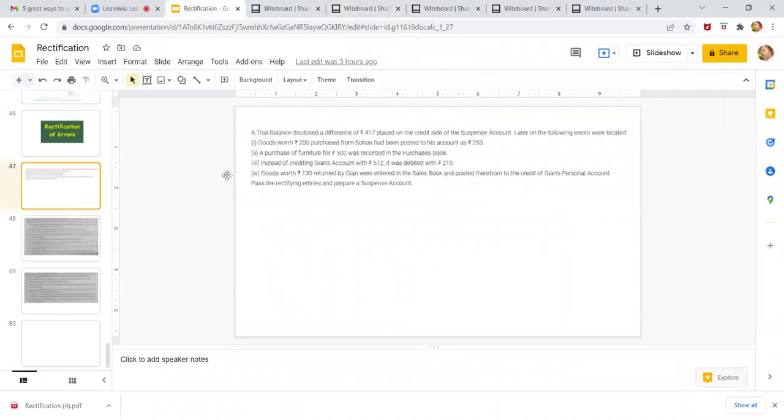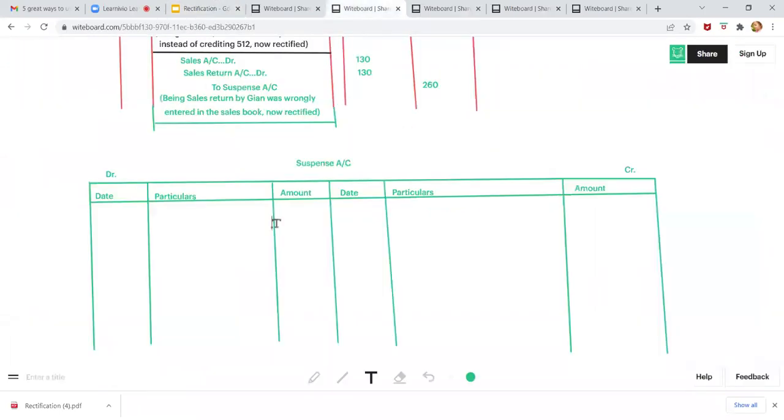What is the question? A trial balance disclosed a difference of 417 rupees placed on the credit side of the suspense account. So it means the 417 rupees is placed on the credit side, this side. Here we will write the amount.